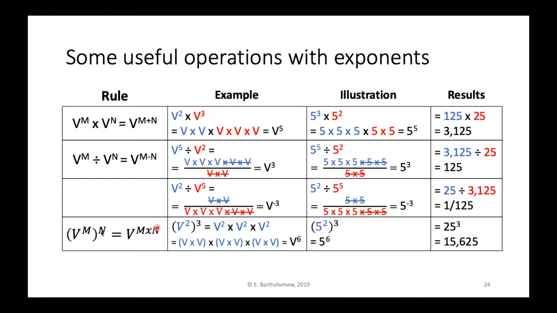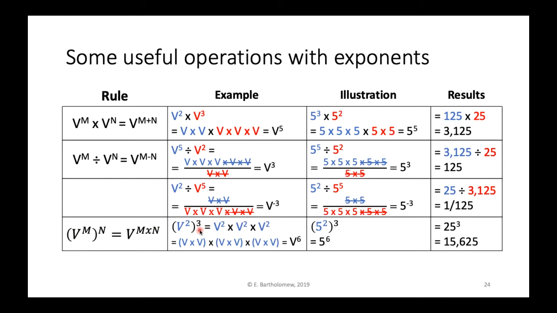And then finally, one more. If we have v to the m to the nth power, so we're taking this whole expression inside the parentheses to the nth power. So we're kind of taking it first to v to the m power and then taking it again to the nth power. Well, that will be equal to v to the m times n, okay? And to see why that's true, this is a little bit trickier. You take v squared and you're cubing it.